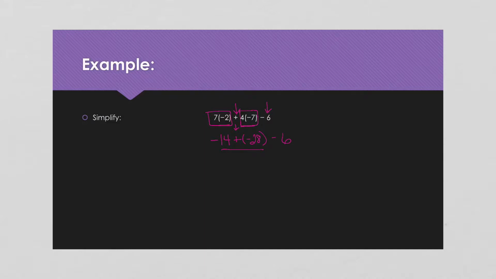So negative 14 plus negative 28, signs are the same, so you add those numbers together and you keep that sign, which is negative 42. And remember how before I told you that we can turn all subtraction problems into addition problems by doing change, change? Now we're adding two numbers together that have the same sign, so you keep that sign and your answer becomes negative 48.